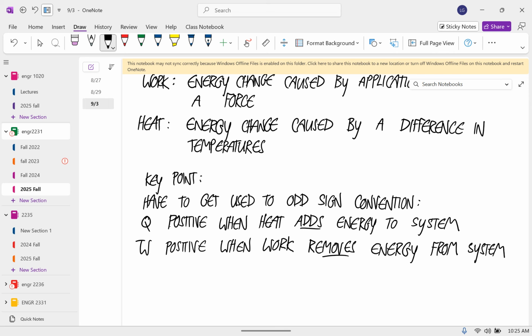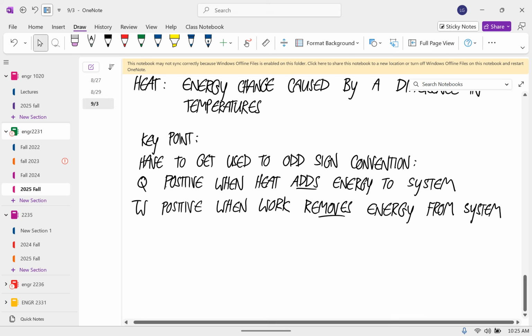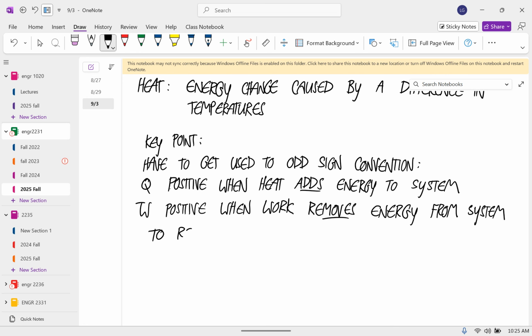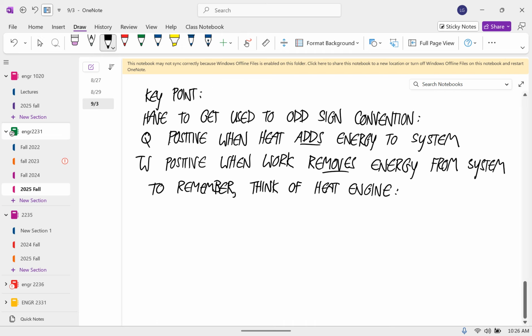And to remember this sign convention, think of a heat engine. You have a piston and a cylinder.